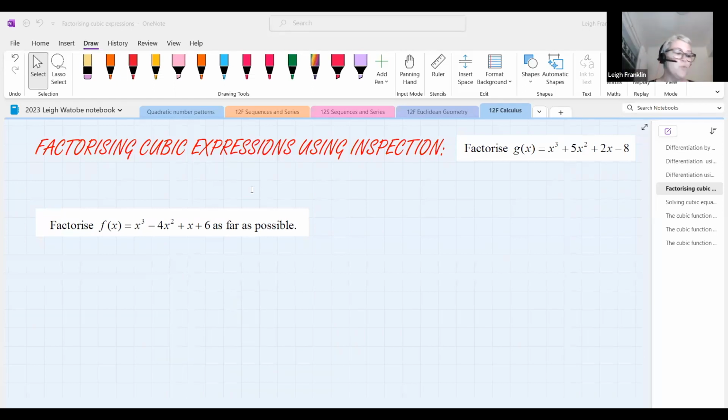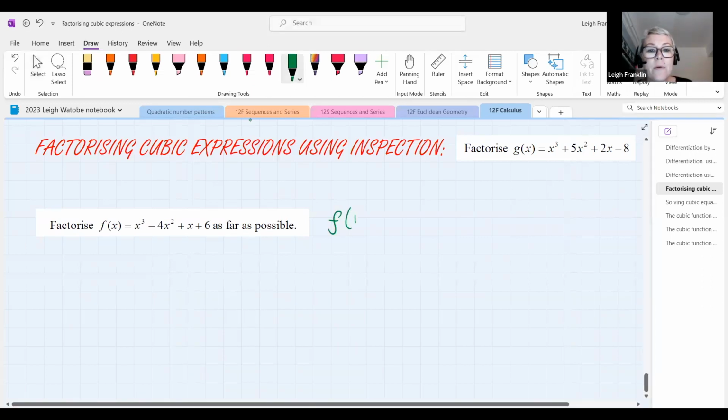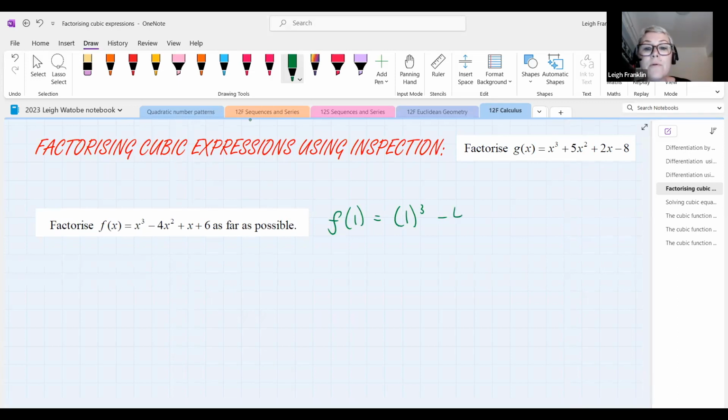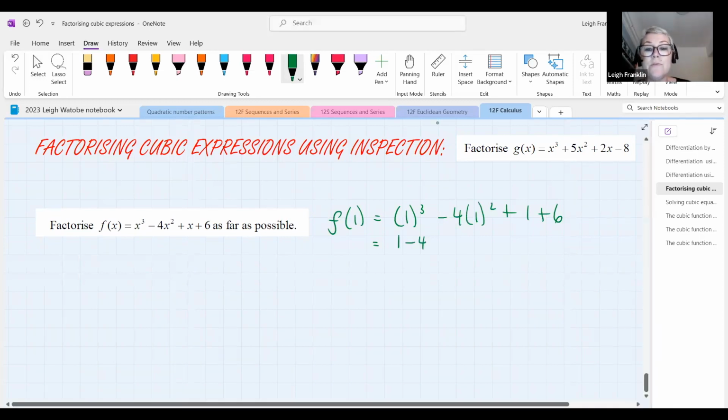So what happens when we sub in 1? In other words, we're testing now. When we sub in 1, do we get 0 as an answer? Okay, so this gives us 1 minus 4 plus 1 plus 6. Do we get 0 as an answer?